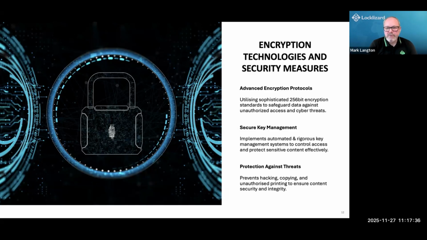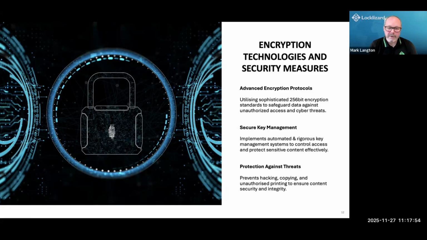Things that people should be looking at, and we've covered a couple of these already, are the encryption protocols. With the advent of the new wave of quantum computing coming to the market, 128-bit very soon will not be able to meet the requirements of organizations.